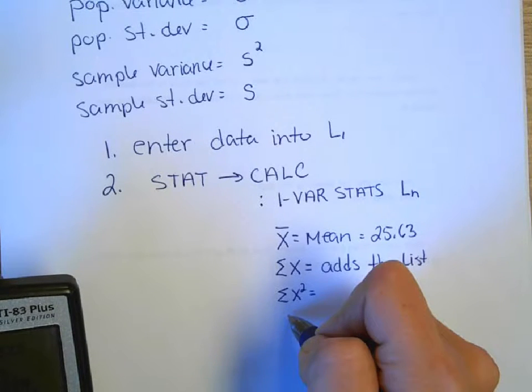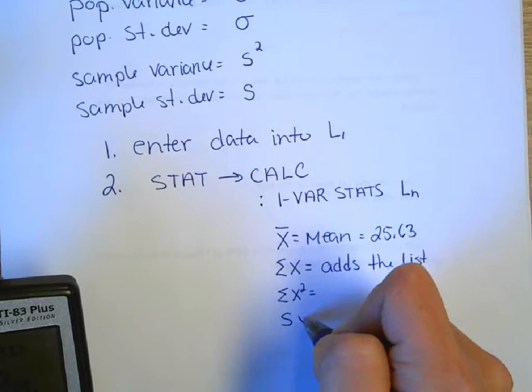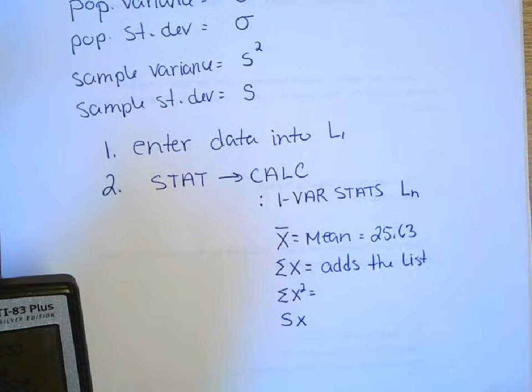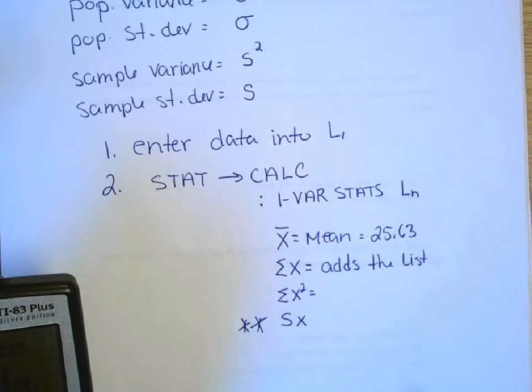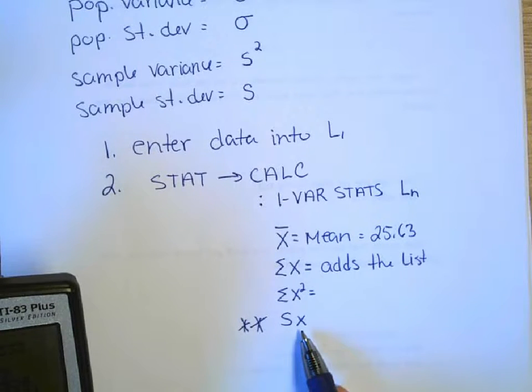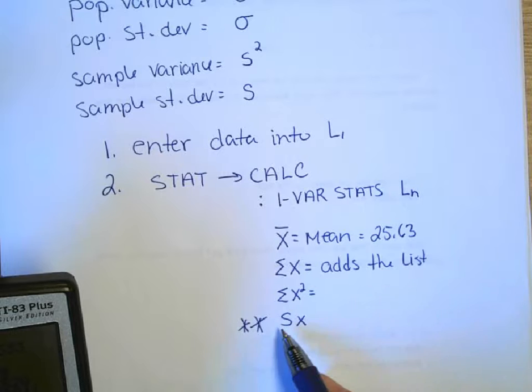Next thing you see looks like an Sx. This you do want. It's the sample standard deviation, the S, and it's saying that's the standard deviation of the x's.